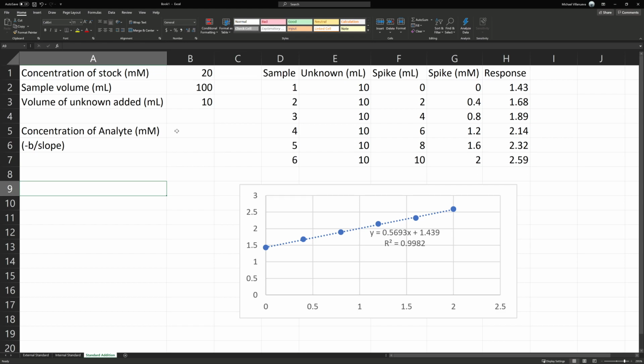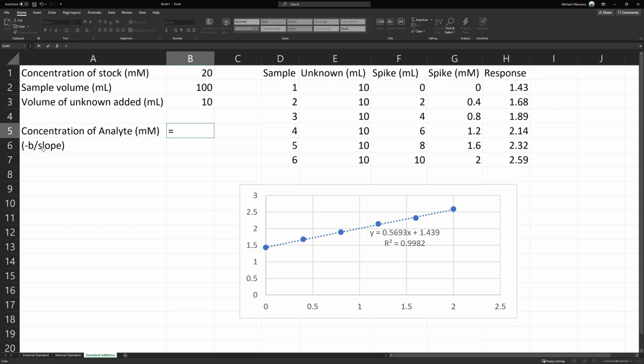So what we're going to do is go into this box and hit equals. We need to find negative b. What is negative b? We are going to hit negative, and b is essentially the intercept. So we see intercept. Known y's: the y values are going to be our responses.